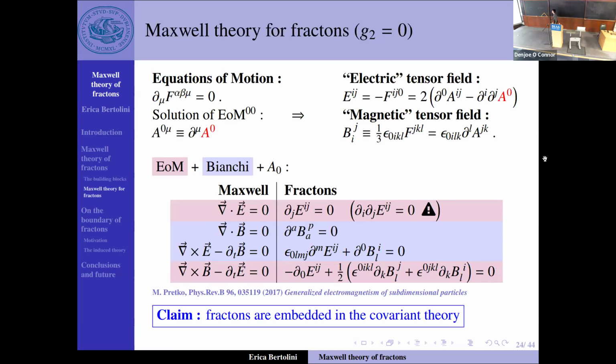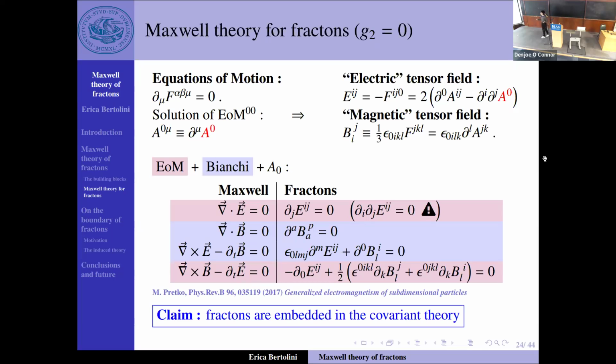Now we switch off the linearized gravity term, so we put G2 equal to 0. We want to study the S squared term. We know quite a lot about linearized gravity, so we keep that term on and study this. So what do we know? We know that in Maxwell theory, the components of the equations of motion and of the Bianchi identity give the Maxwell equations.